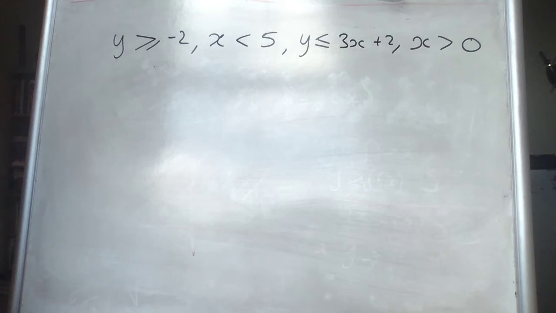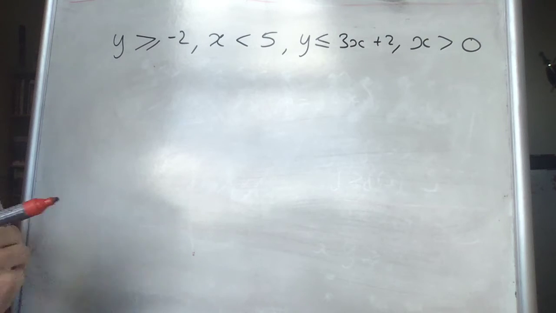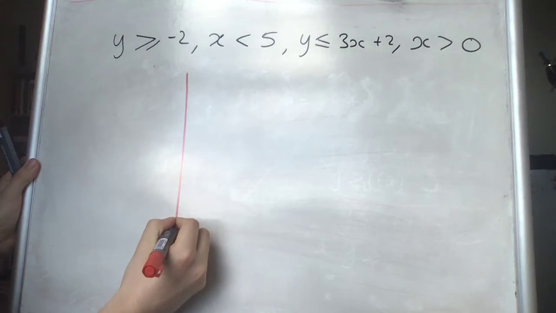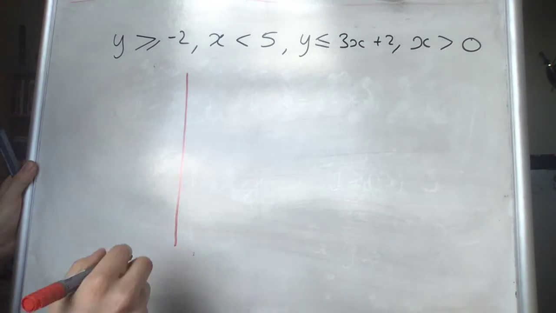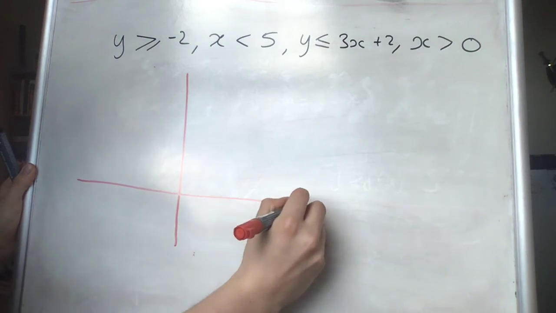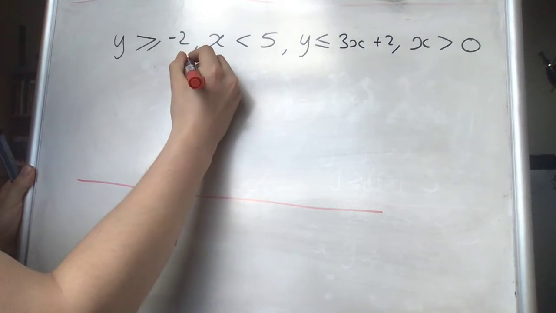So let's just draw a quick grid now. We're going to have a y-axis like so, and an x-axis that comes across like here, and let's label that.